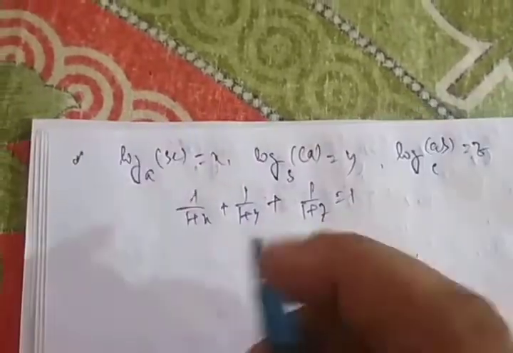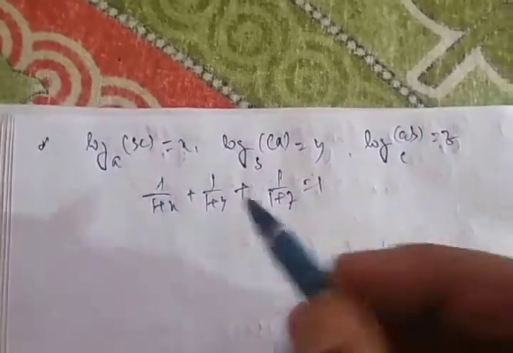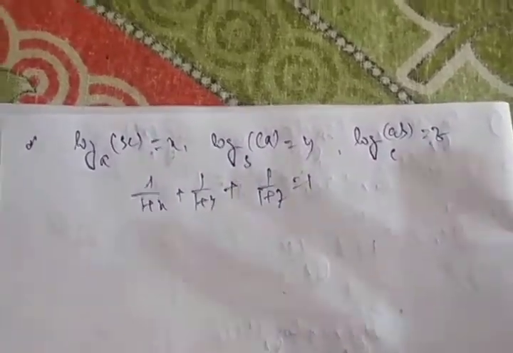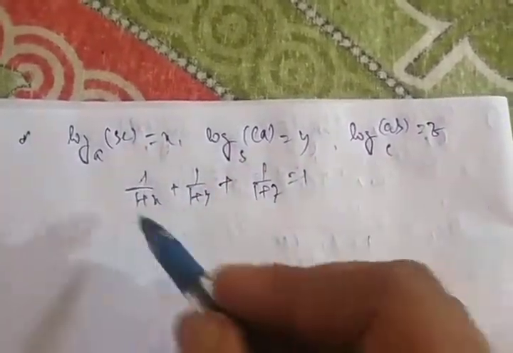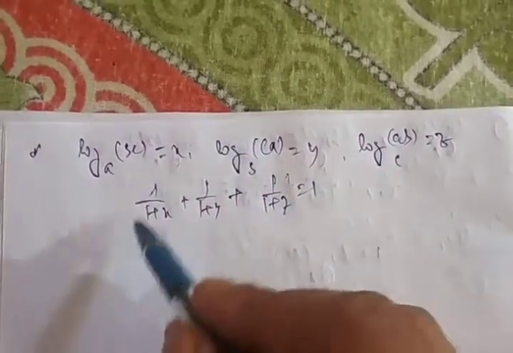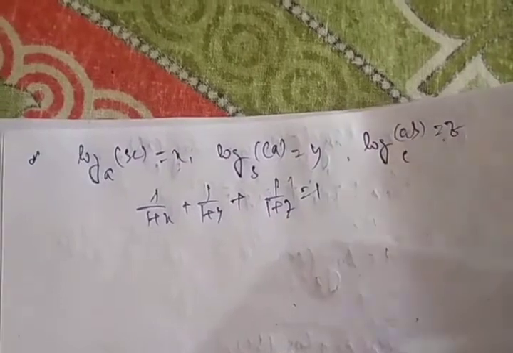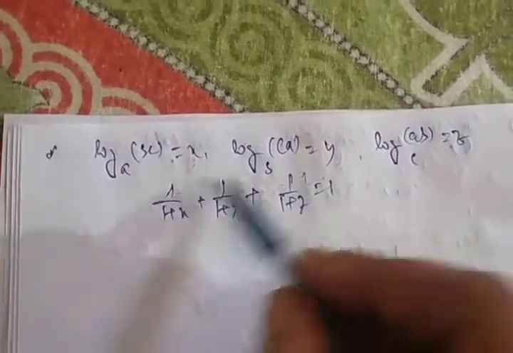This can be asked as an MCQ. So here there will be 4 options: 0, 1, 2, 5. You have to find the value of this term.